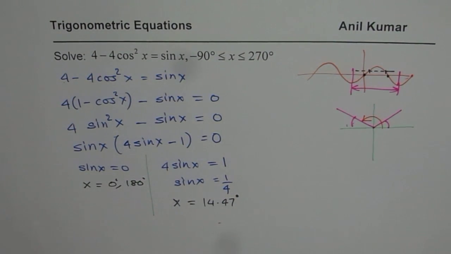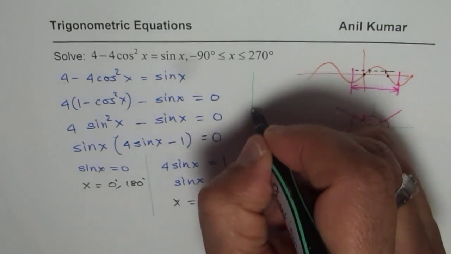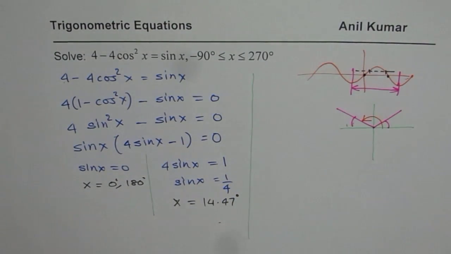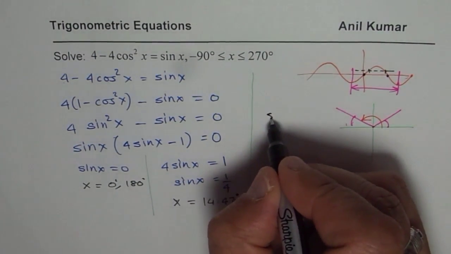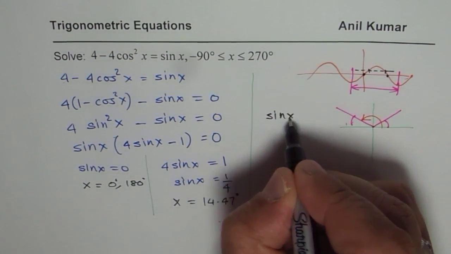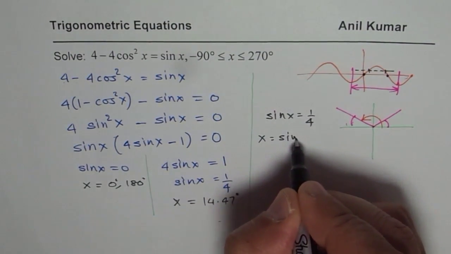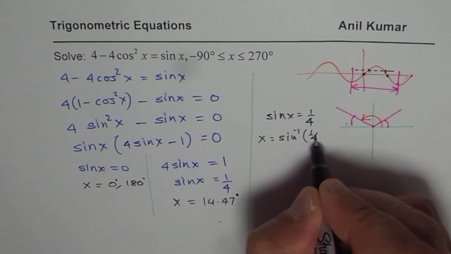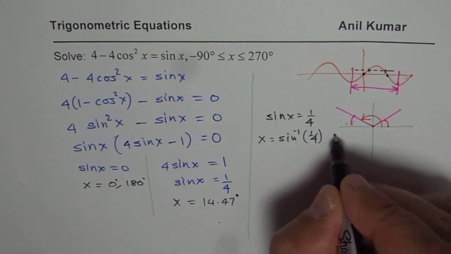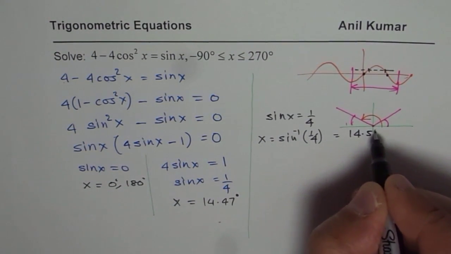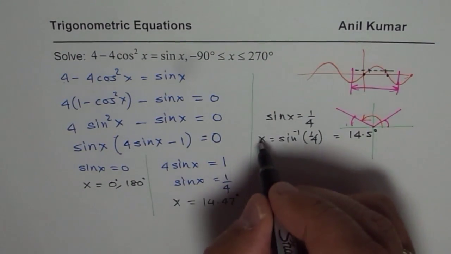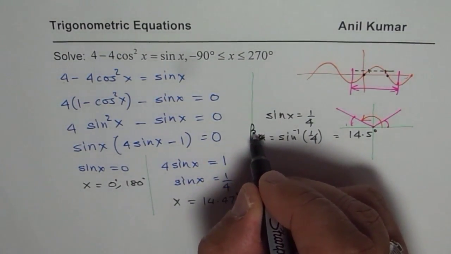Let me write this rounded to 1 decimal place. That'll be nice. So we'll rewrite this answer. We are now doing sin x equals 1 over 4, and x equals sine inverse of 1 over 4, and we found one of the answers as 14.5 degrees. I should not say x, I'll say acute angle beta.